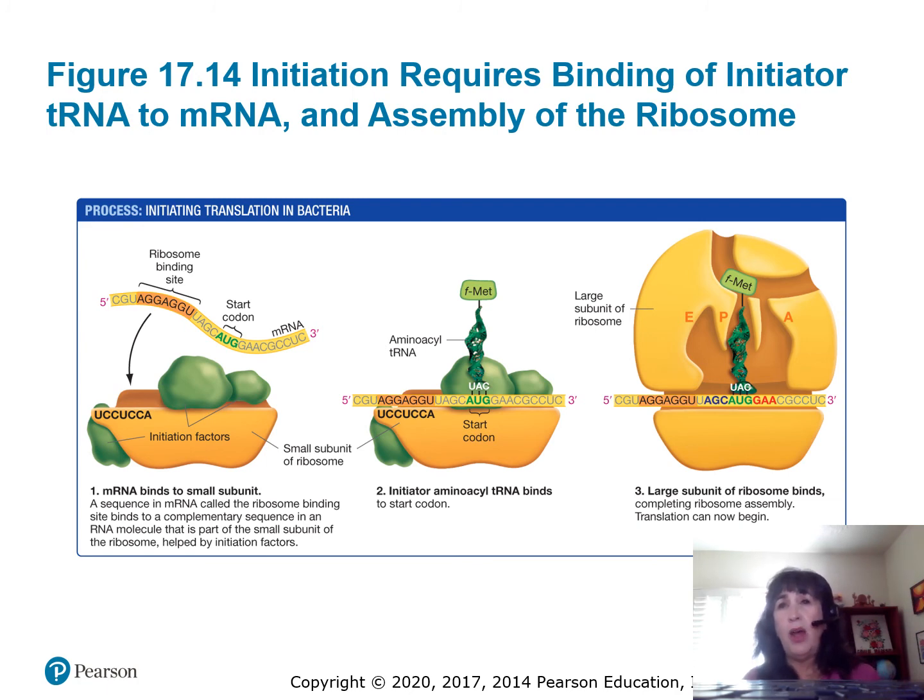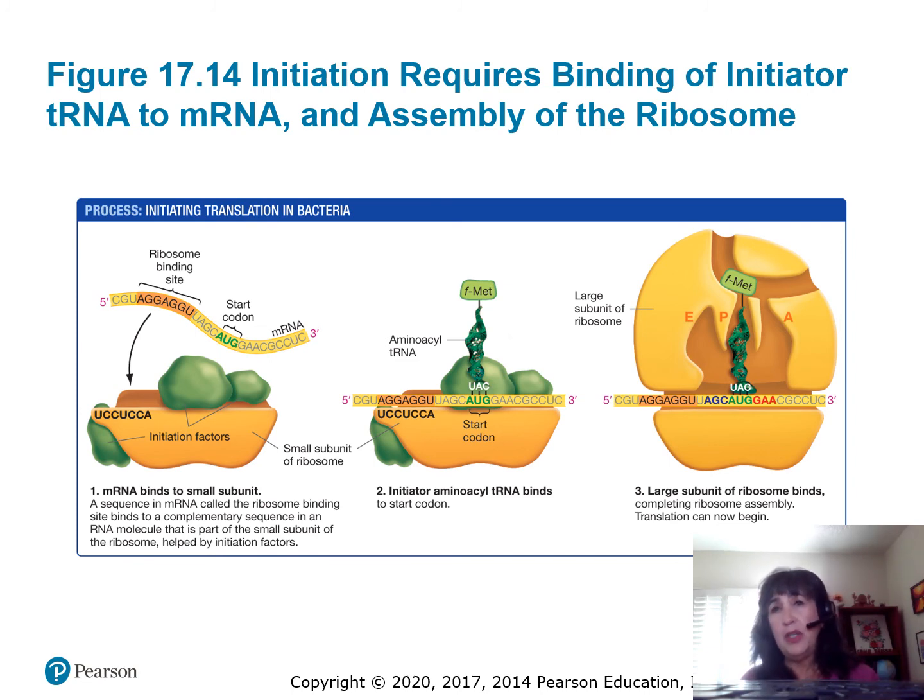Now, to align all of the ingredients on the small subunit, remember, upstream around 6 bases, we have the Shine-Dalgarno sequence. So it is upstream or before the start codon AUG. Now notice AUG fits into the P site. It's not the A site, but the P site in the middle. So notice here, that is the first one. And because we're talking about bacteria here, it's called fMet.